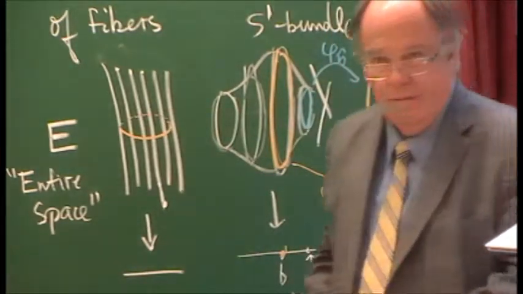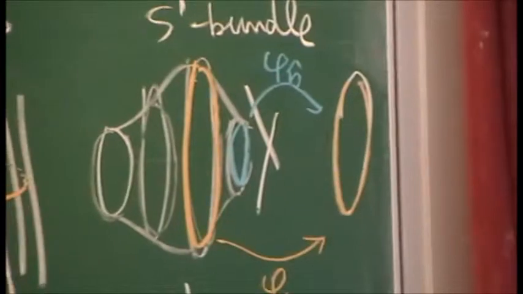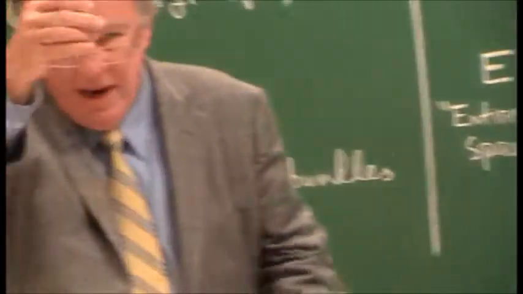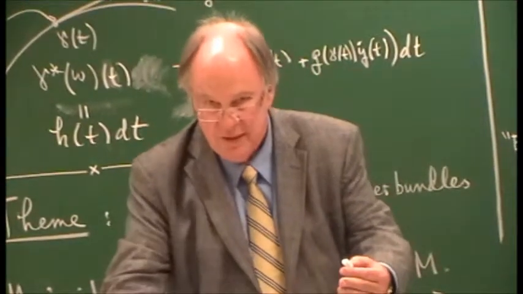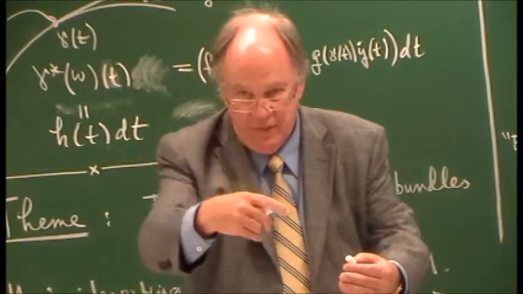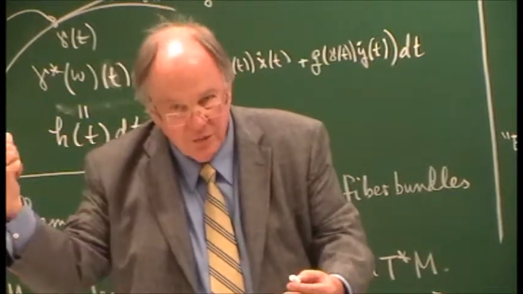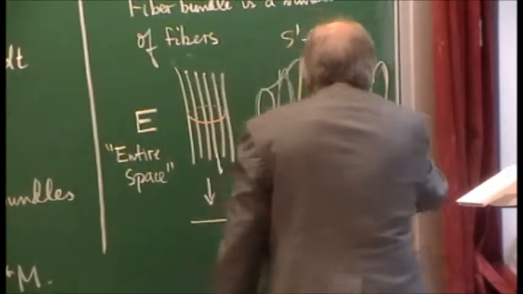Do you get it? So a fiber bundle, formally speaking, is a bundle of fibers. There's a map from this total space or entire space to the parameter space. Each fiber is isomorphic to a fixed fiber, which I call the abstract fiber. Okay, this is what I call F.